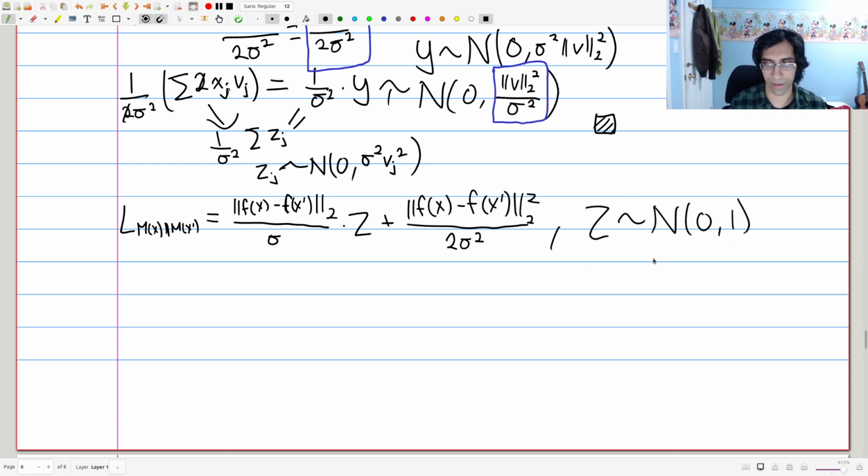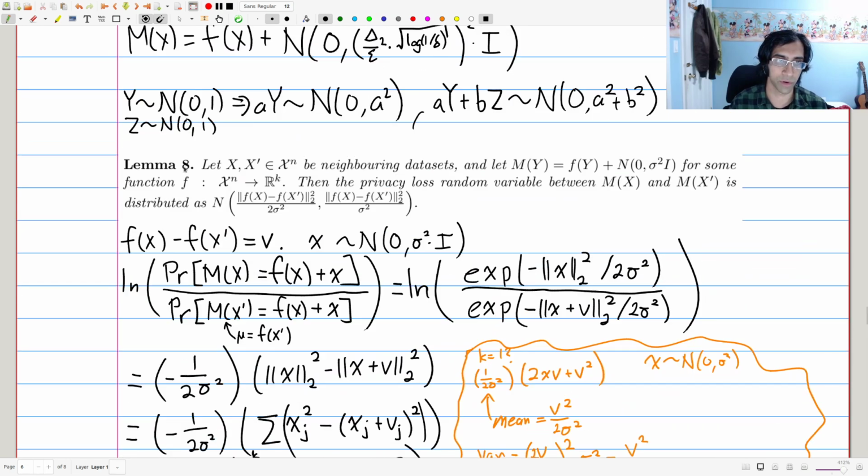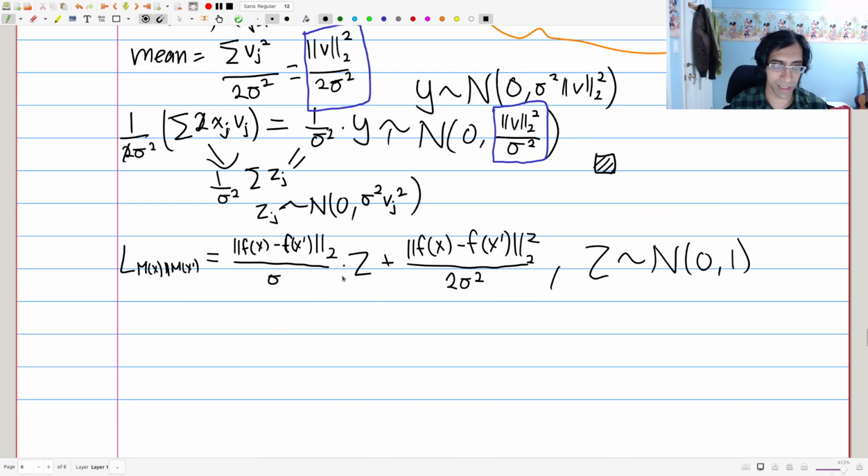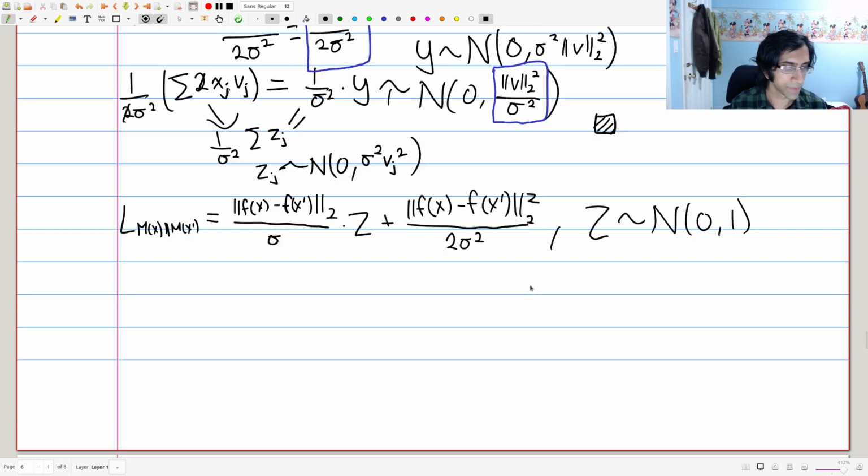So z is a standard normal Gaussian. I just factored it out using the opposite of the fact that we mentioned above. You can convince yourself that if you pulled this multiplying factor into the variance, and then let this be the mean, you would have the true privacy loss random variable, which we proved a little bit before. But I've written it in this form for convenience.